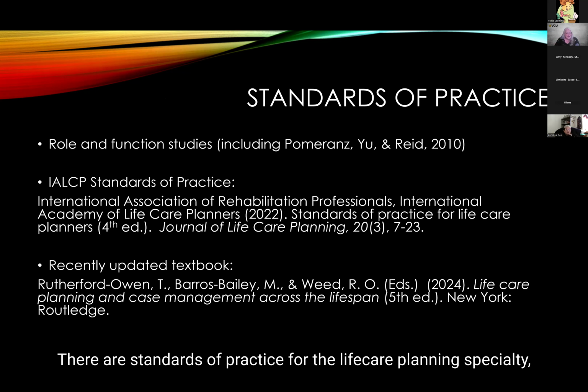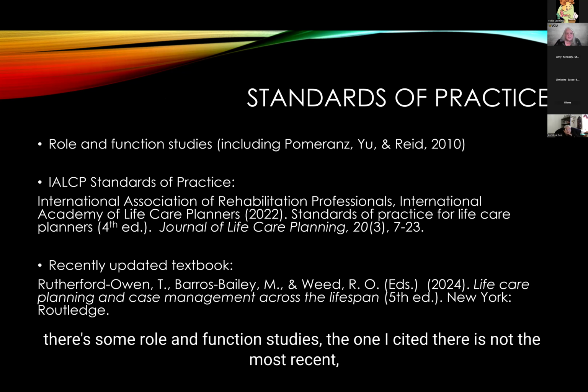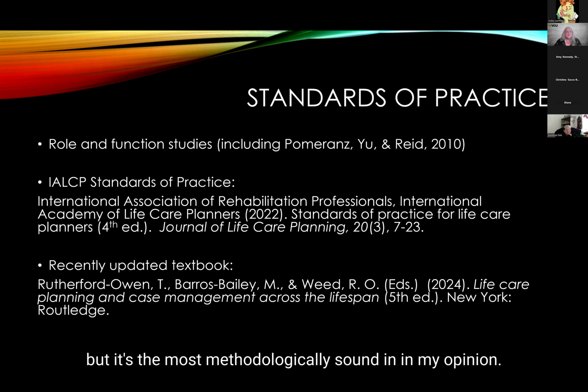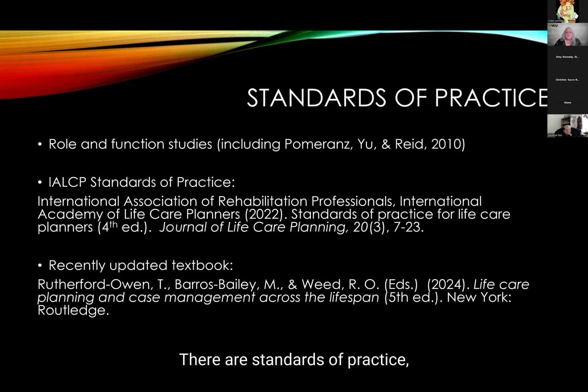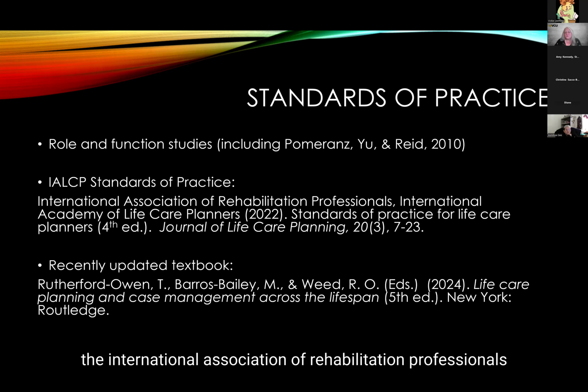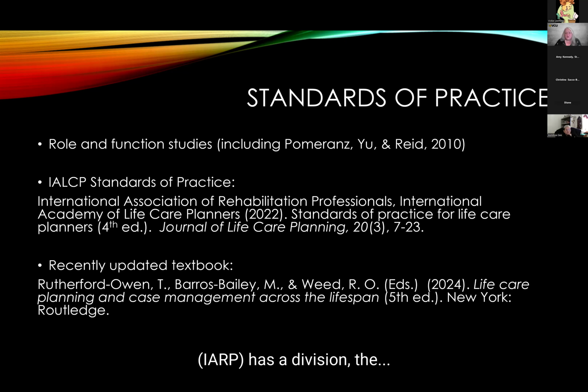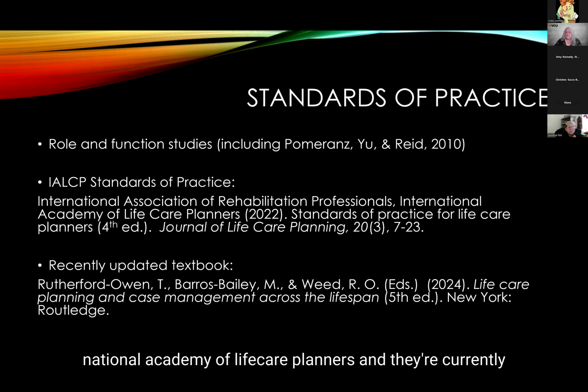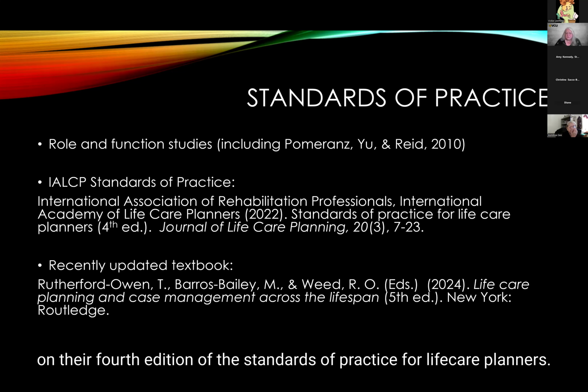There are standards of practice for the life care planning specialty. There are some role and function studies. The one I cited there is not the most recent, but it's the most methodologically sound in my opinion. The International Association of Rehabilitation Professionals, IARP, has a division, the International Academy of Life Care Planners, and they're currently on their 4th edition of the standards of practice for life care planners.